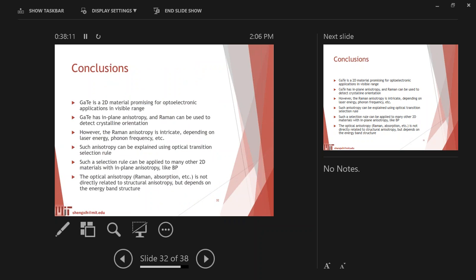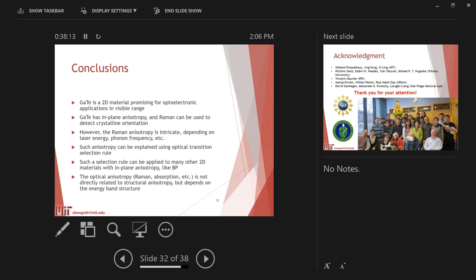So with that, I would like to conclude my talk. First, I show you that gallium telluride is a 2D material which is promising for optoelectronic applications, especially in the visible range. And gallium telluride has in-plane anisotropy, and therefore we can use polarized Raman to detect the crystalline orientation of gallium telluride.